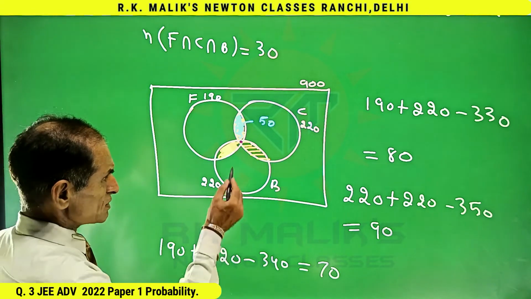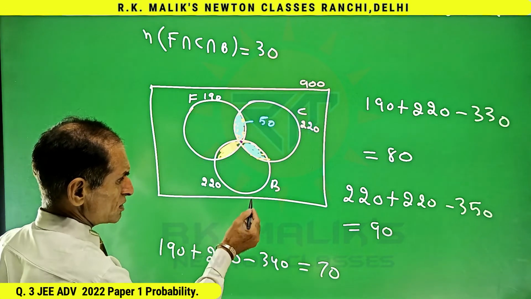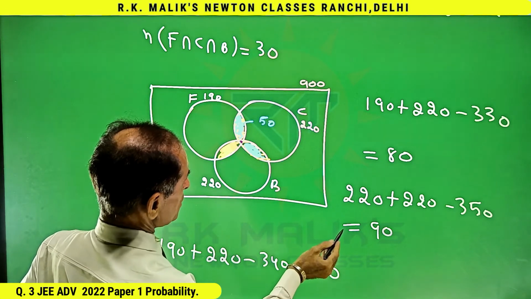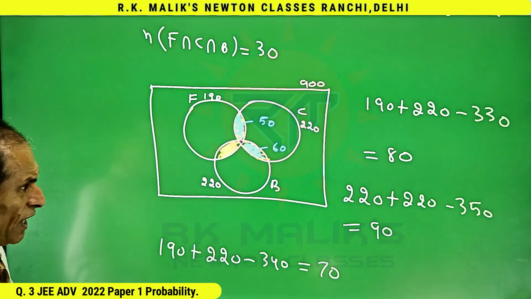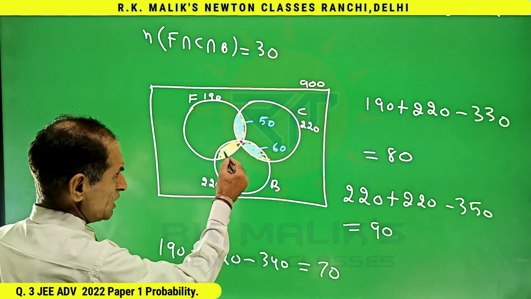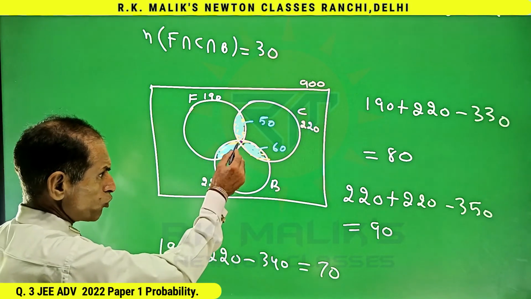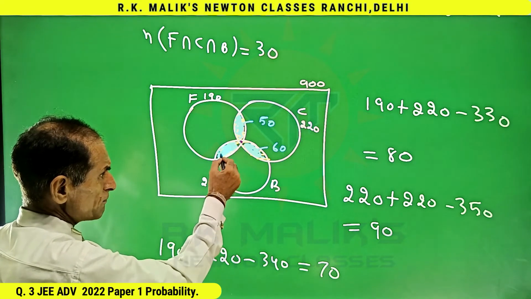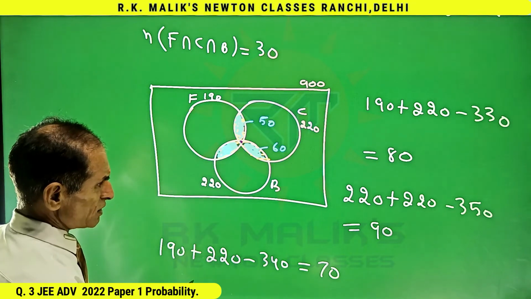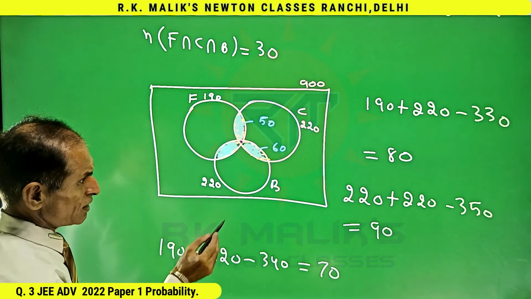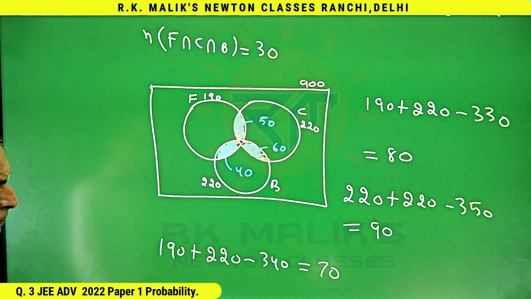and the number of persons in this part, which doesn't contain the common part of all the three, will be 90 minus 30, that is 60. And the number of persons in this part, only the portion of C and B common, will be again 70 minus 30, that is 40.